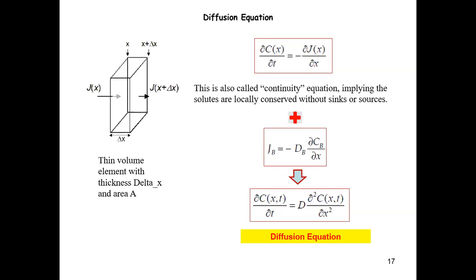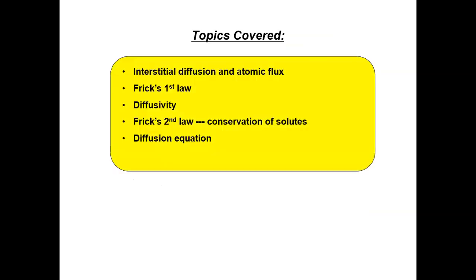So I think I will stop here for this class because I want to reserve some time for the homework, because I did get a lot of questions. That's pretty much all I want to say for this class. We talked about interstitial diffusion as a particular example of solid state diffusion to work out Fick's laws, right?